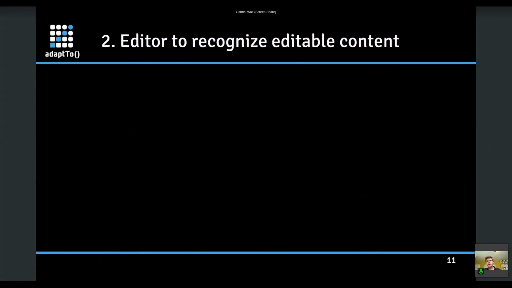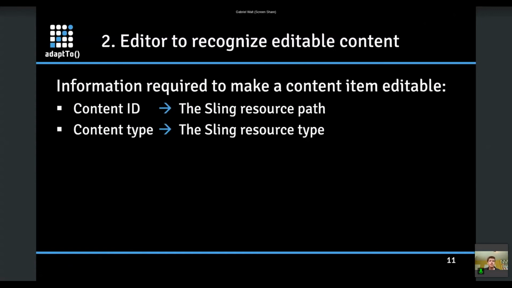Then the editor needs to recognize the editable content on the page. How is that happening? And that's really where I think the title of this presentation is taking its root, because Sling is really making all of that possible. You need to make some elements editable: the content ID, which is the Sling resource path, and the content type, which is the Sling resource type.